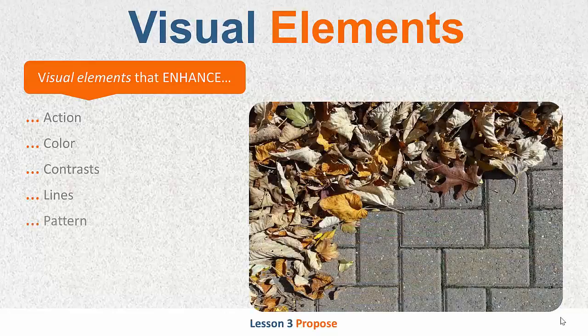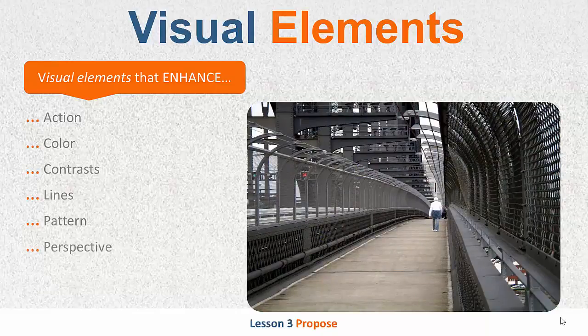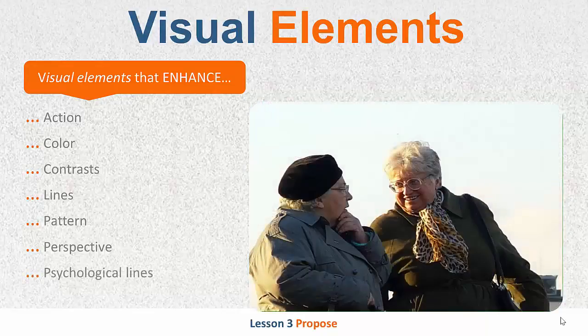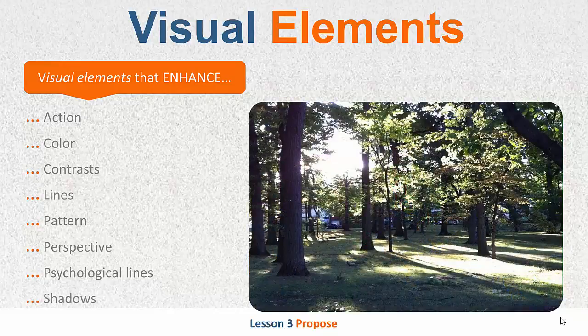Patterns, such as leaves on a patio pavers. Perspective, in this case a series of lines that lends depth to the photo. Psychological lines that imply a connection, such as between these two ladies talking. Shadows that add depth to a photo.